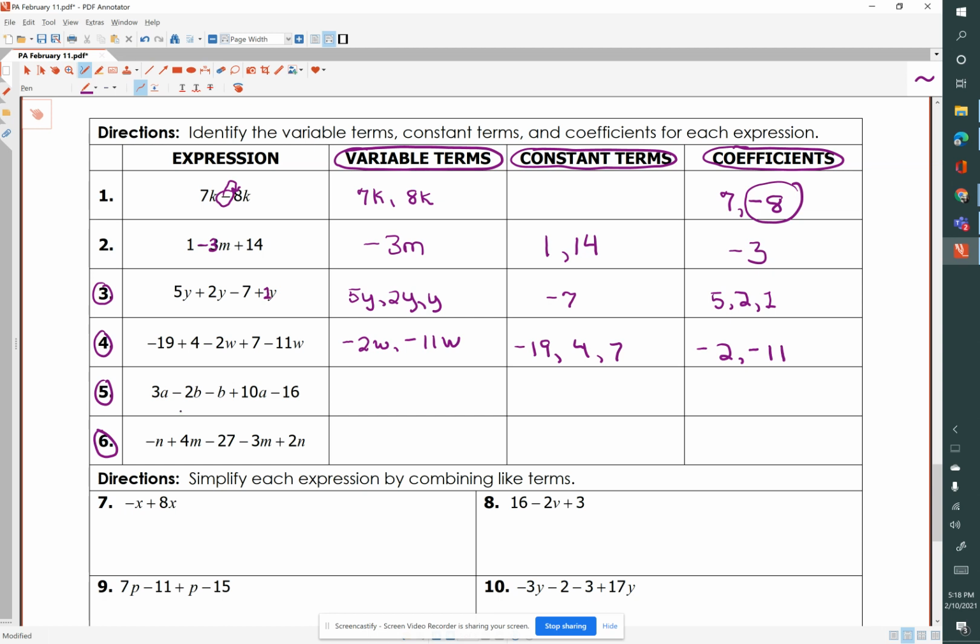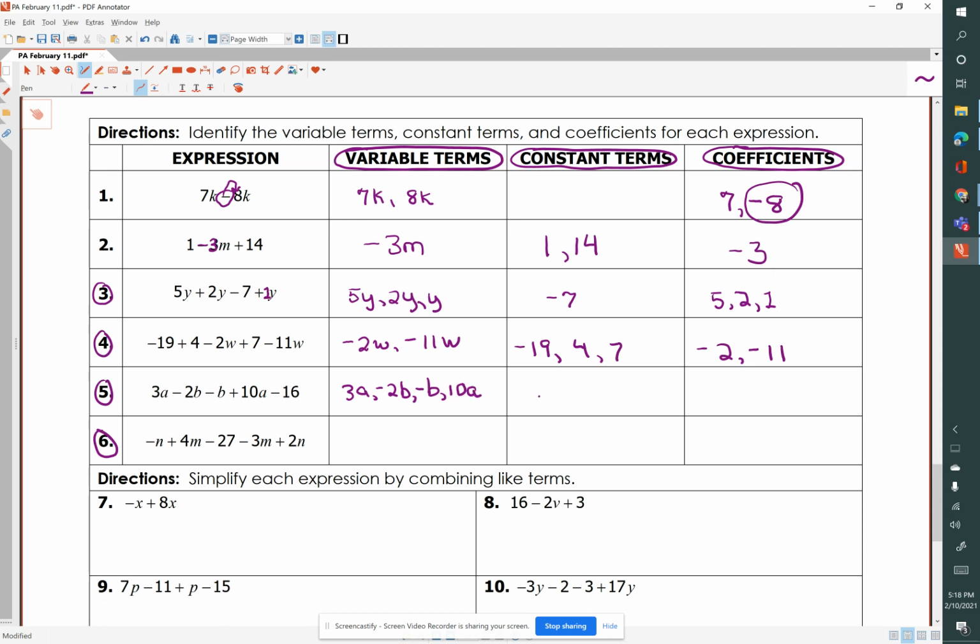So let's move on to number 5. Our expression is 3a minus 2b minus b plus 10a minus 16. So our variable terms are pretty much everything but the minus 16. So we've got 3a, negative 2b, negative b, and the 10a, which is positive.